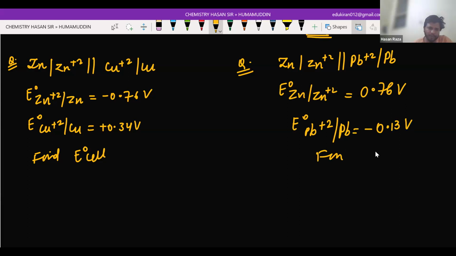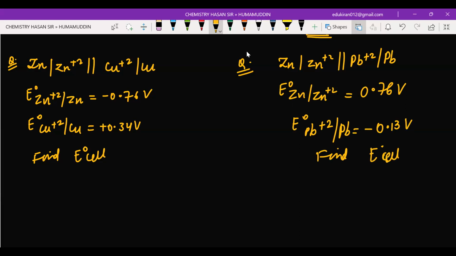Find or calculate E naught cell. Please do solve it. I'll be back.